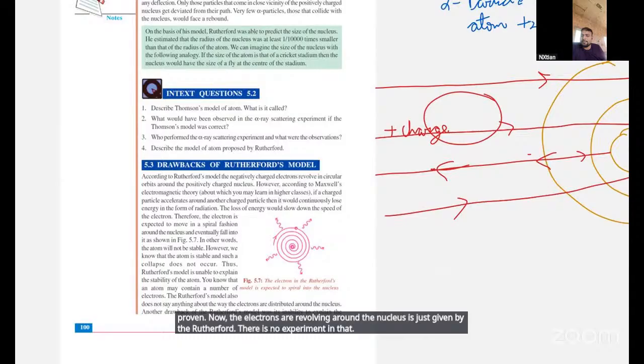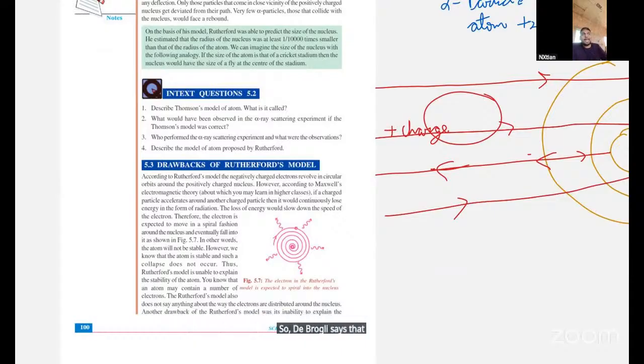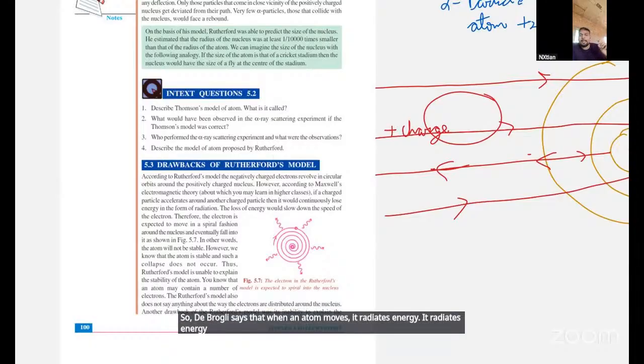So one more scientist was there, his name is de Broglie. De Broglie says that when any particle moves, it radiates energy. Now, Rutherford says that the electron revolves around the nucleus.